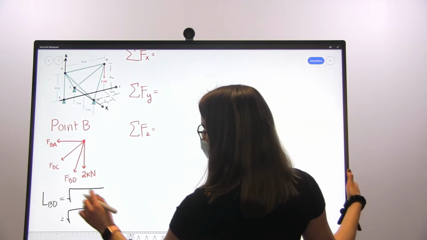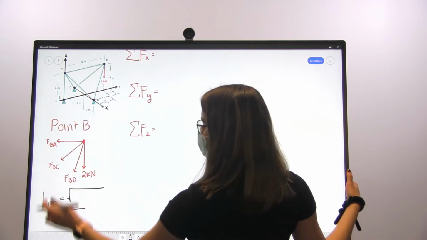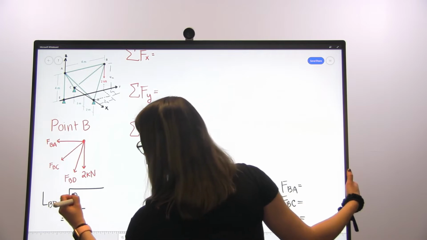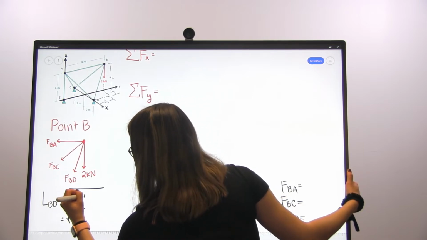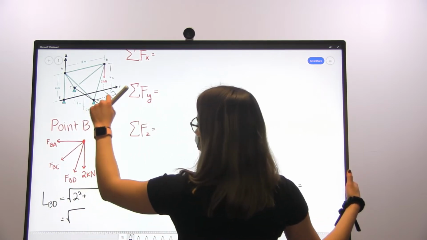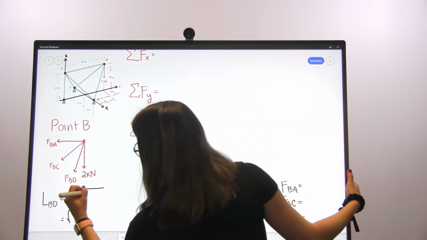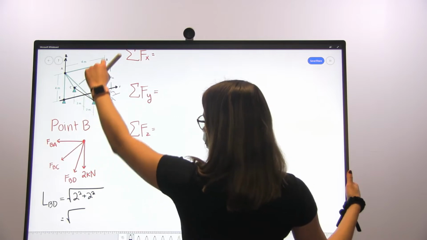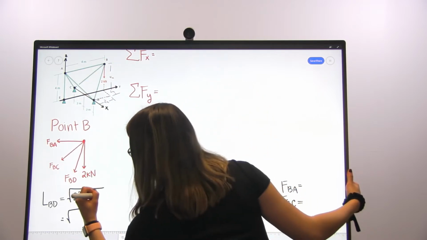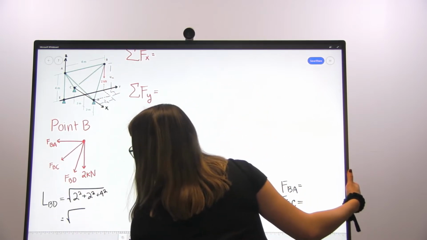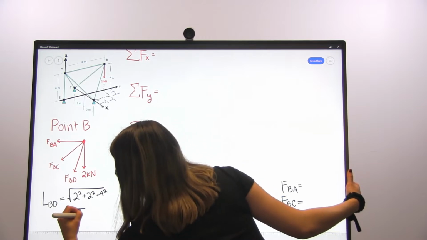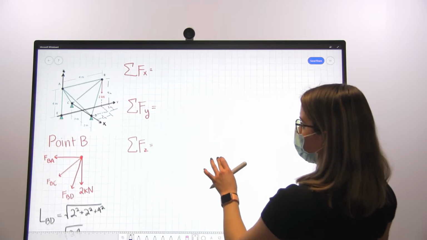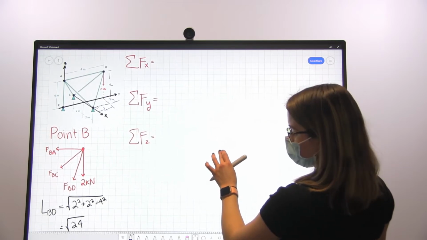As far as the length of cable BD, we can use the Pythagorean theorem: 2 meters in the y direction, 2 meters in the x direction, and 4 meters in height in the z direction. That gives us the square root of 24, and we can use that in our equations now.